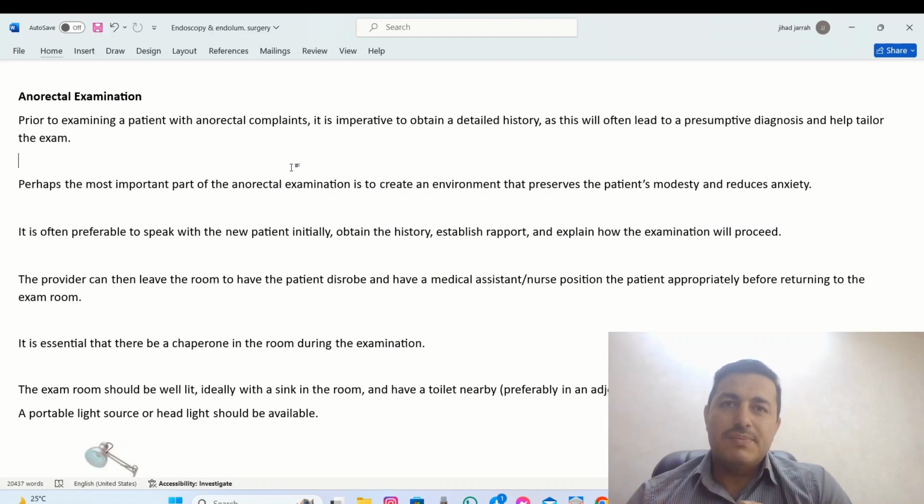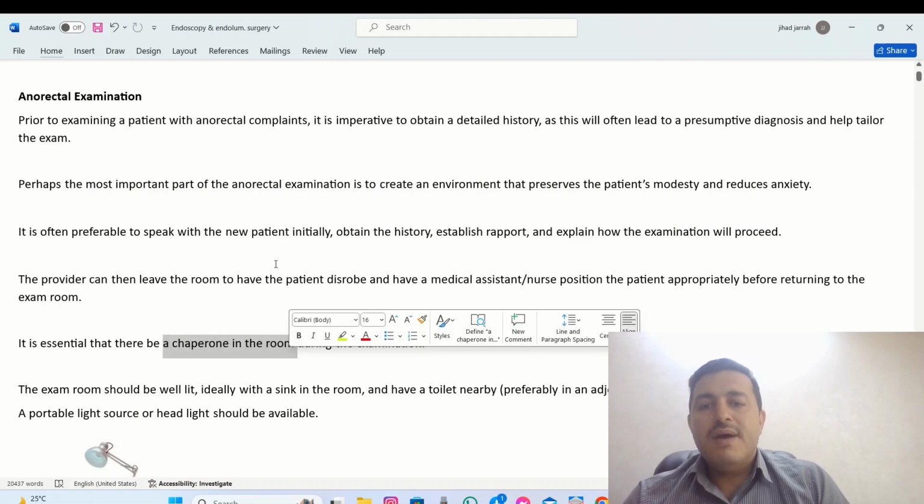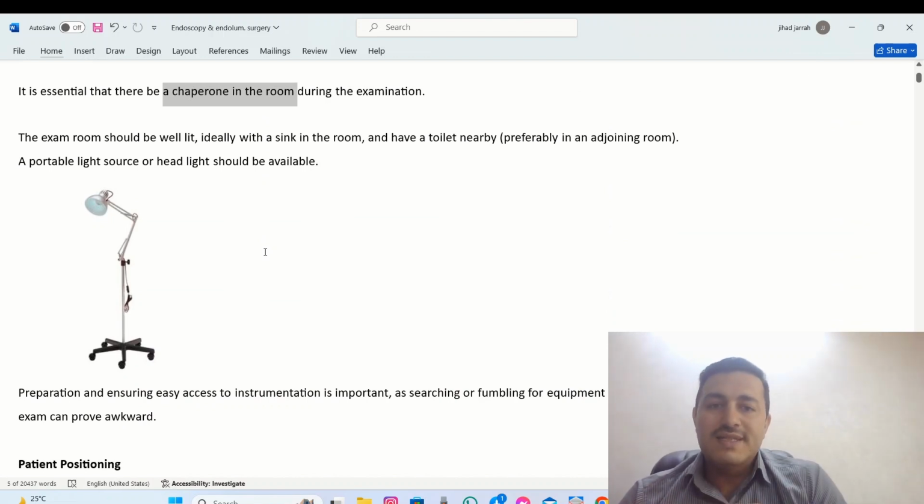So it's not preferable to be with the patient while positioning. This will reduce the anxiety and preserve the patient's modesty. A chaperone is essential while performing the anorectal exam, and the room should also be well equipped.